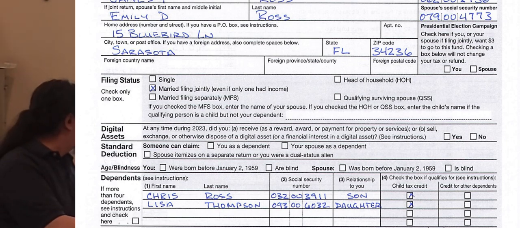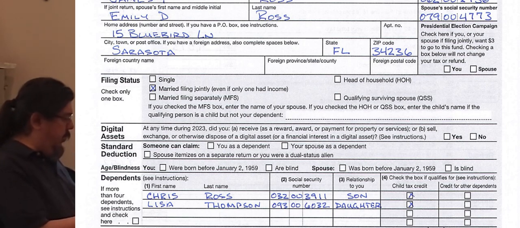Then under dependents, we list the 2 dependents and their relationship to the taxpayers. It didn't say whether Chris was a boy or a girl, so I just assumed. Lisa is probably a girl. One's a son, one's a daughter, and that'll be relevant when we talk about child tax credit.